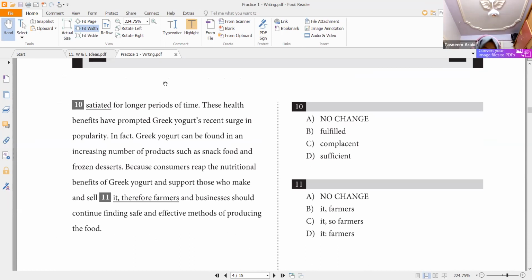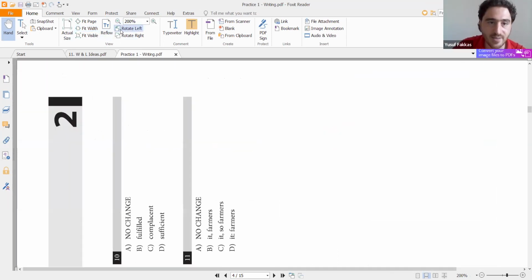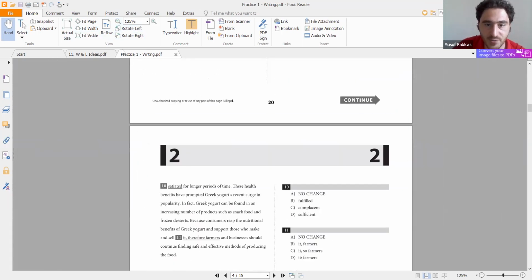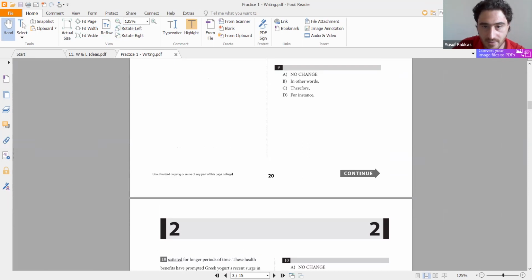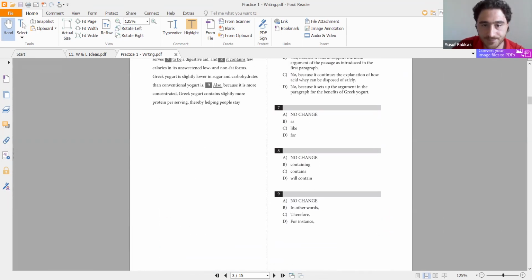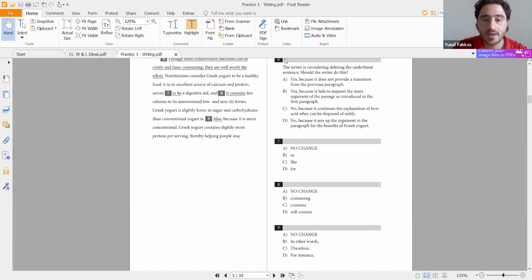This is the question that you have, number 10, okay? But the beginning of the sentence is in the previous page, so I'm going to zoom out. Oh, that's going to be a lot of zooming out. Okay, look, let me read it for you. So here we are saying that because it's more concentrated, Greek yogurt contains slightly more protein.